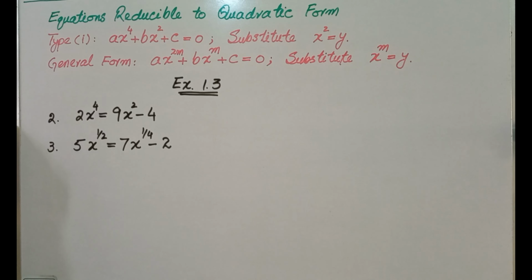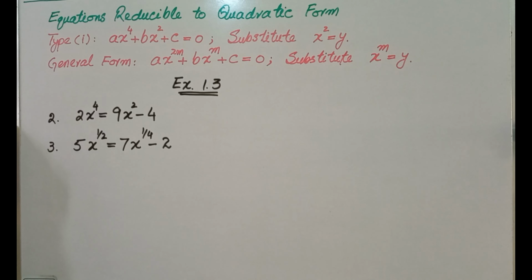Here a is the coefficient of y square, b is the coefficient of y, and c is the constant. a is equal to 2 in this case, b is equal to minus 9, c is equal to 4.